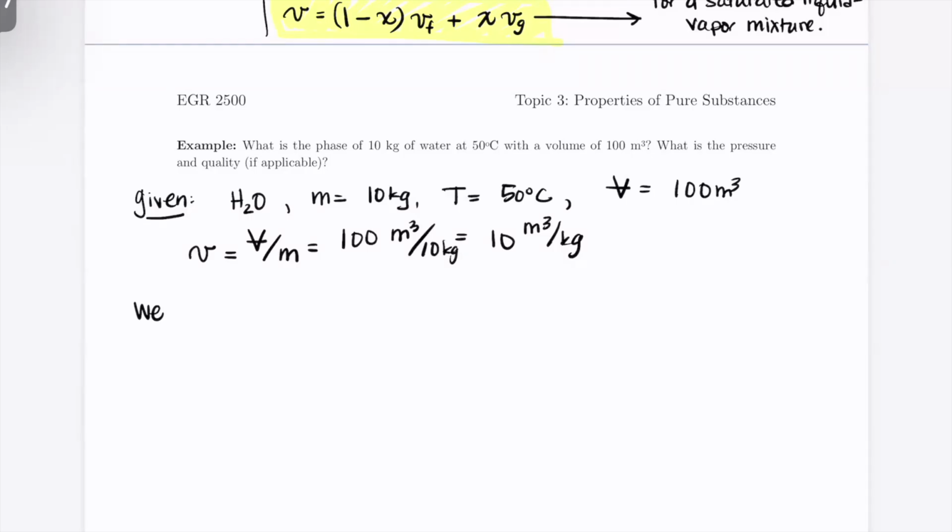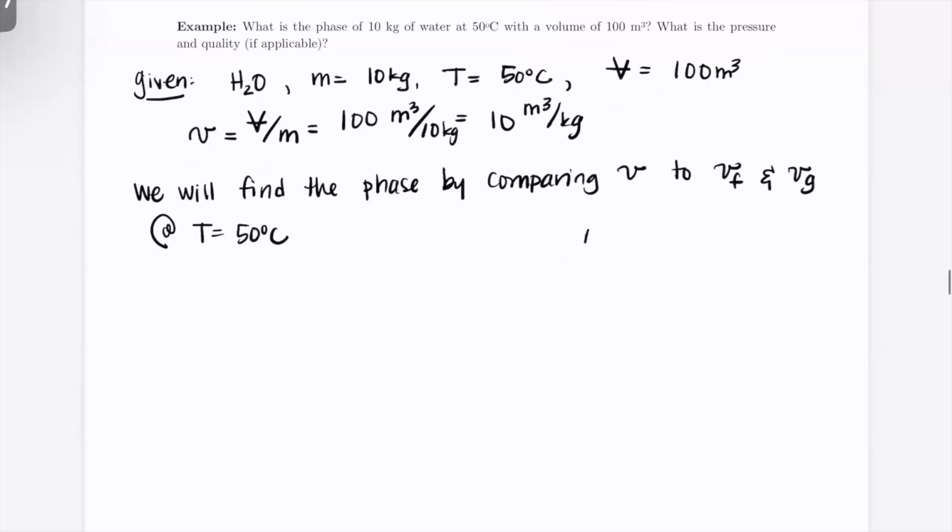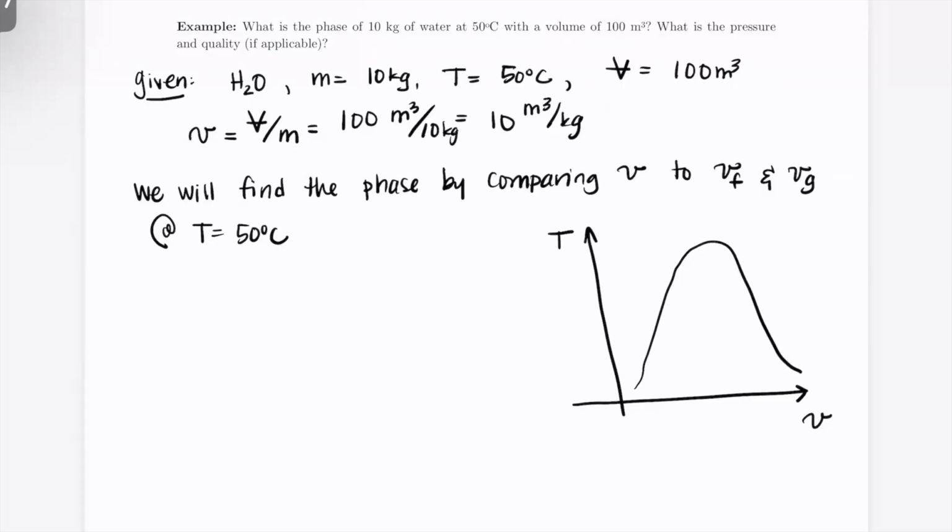All right. So we will find the phase by comparing V to VF and VG at T equals 50 degrees C. Essentially what we're doing is, on our T-v diagram, we have our vapor dome that looks something like this.